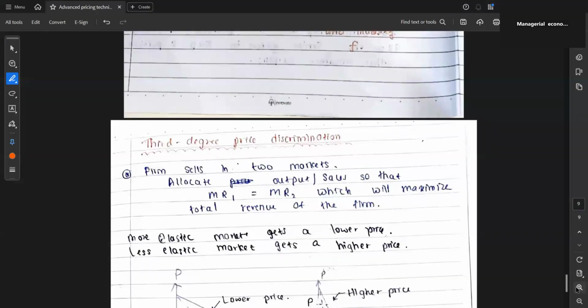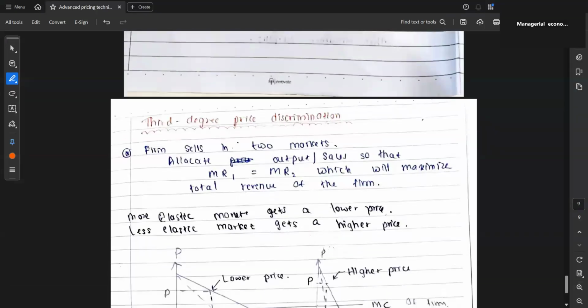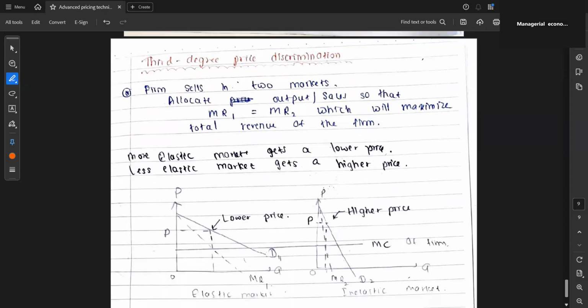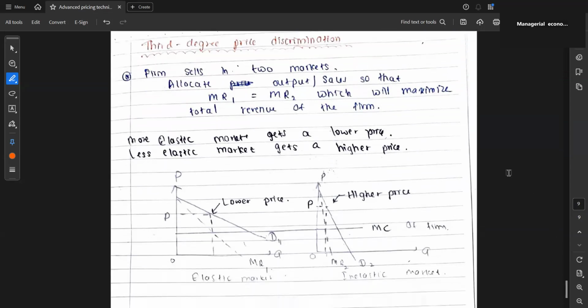Next, the third degree price discrimination. Here the firm sells the same product in two different markets. In these markets the elasticity is different, so the demand is different.